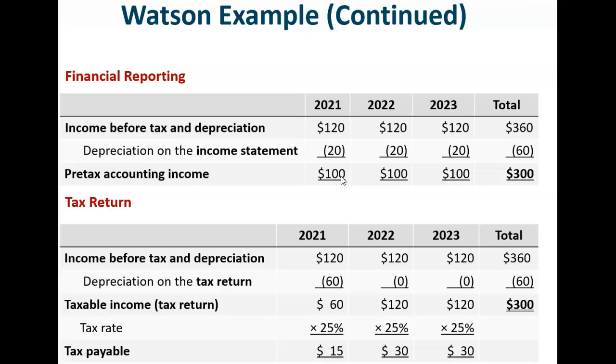This difference is temporary and reverses in 2022 and 2023, when Watson recognizes depreciation expense in the income statement, $20,000 in each year, but they can't deduct any more depreciation on the tax return.